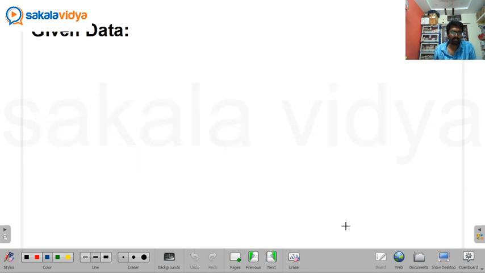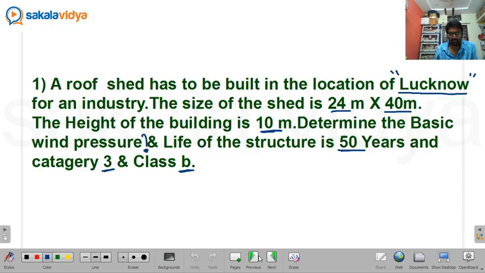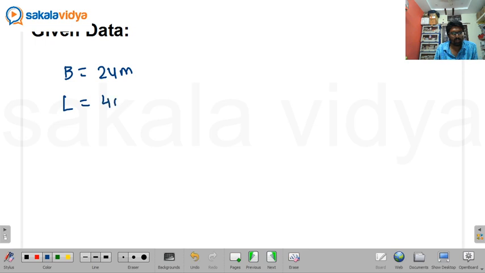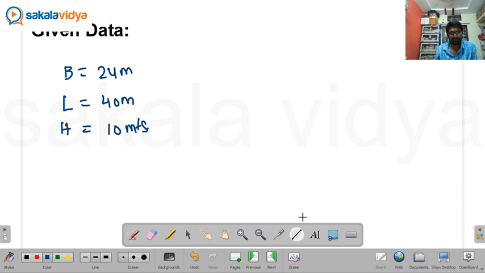So what is the first step? You have to write the given data. What are the dimensions of the structure? The width is 24 meters. Next, length is 40 meters and height of the structure is 10 meters. So this is our industry.